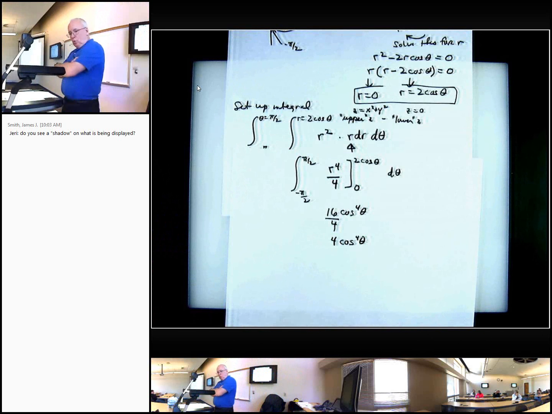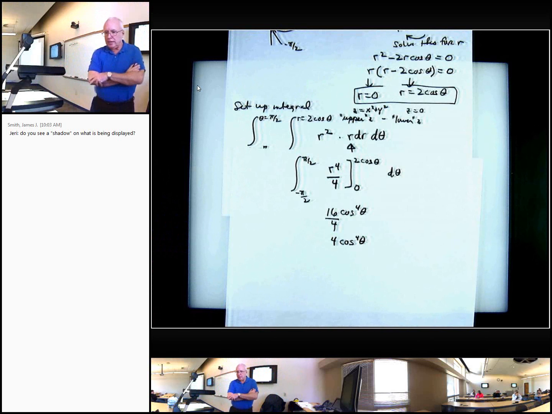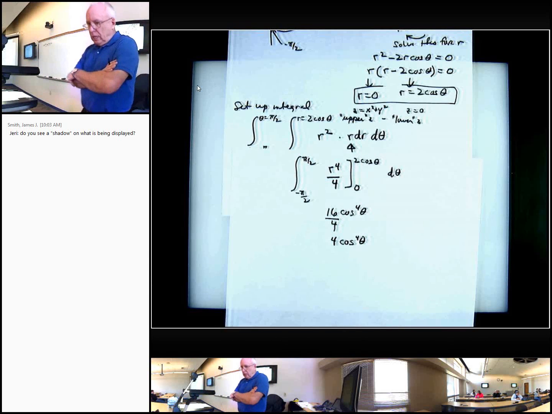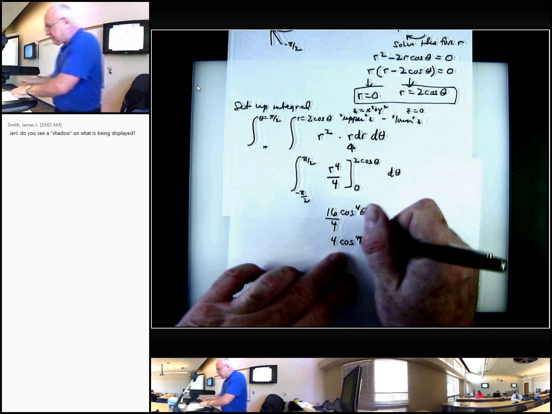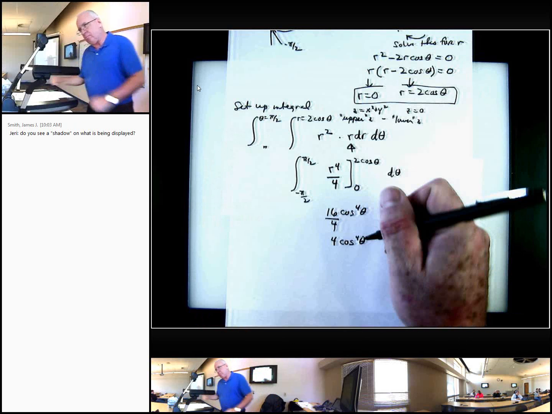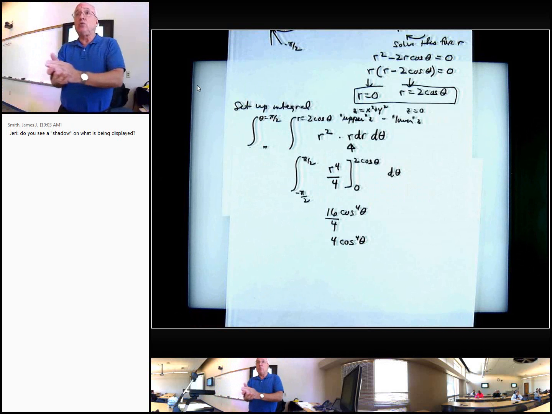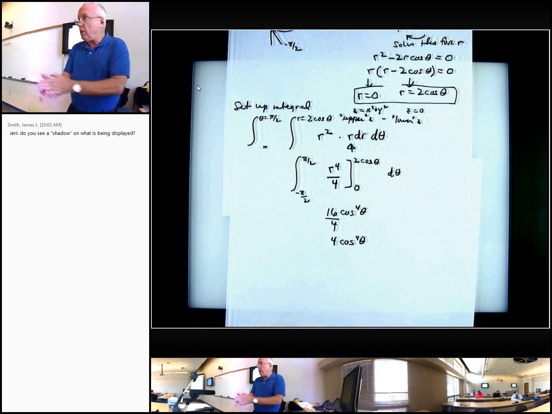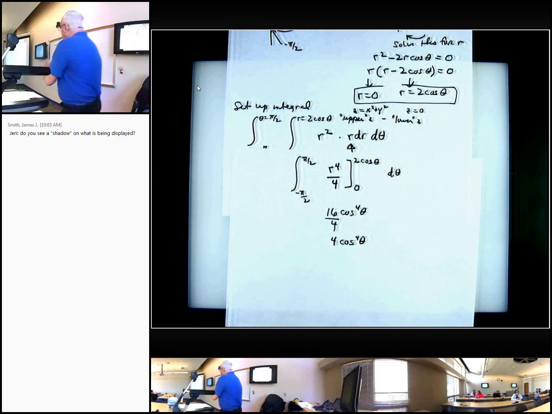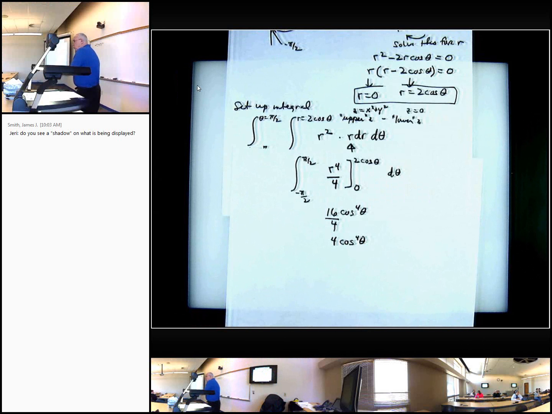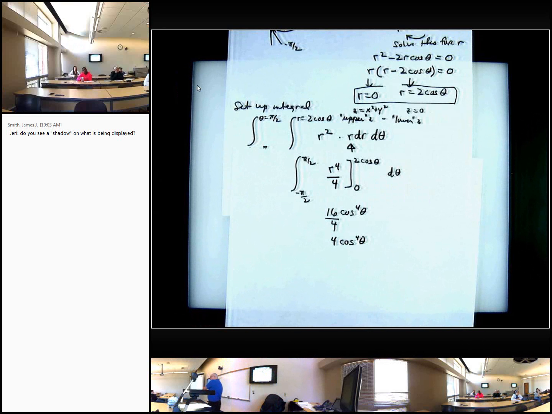We're going to be using the trig identities, but first of all, what we have to do here, this is cosine to the 4th. And we want to use that cosine squared identity. So how can I use the cosine squared identity with cosine to the 4th?